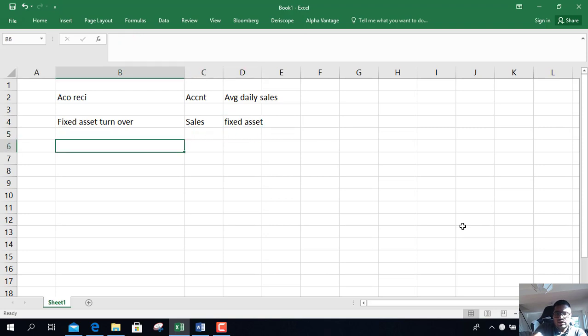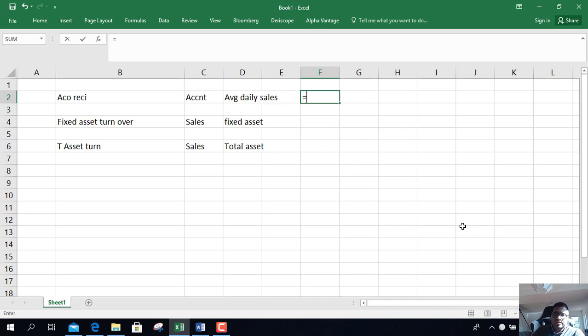And total asset turnover, also known as asset turnover, which is nothing but sales divided by total assets. So now what you have to do is just put it in formulas.